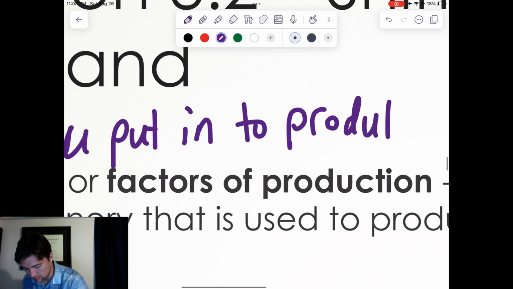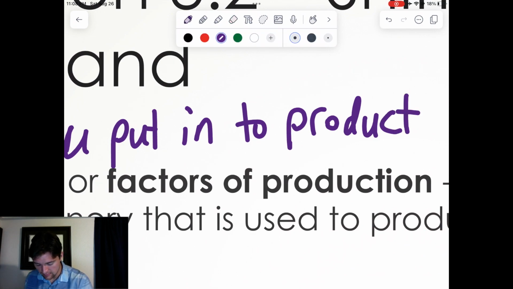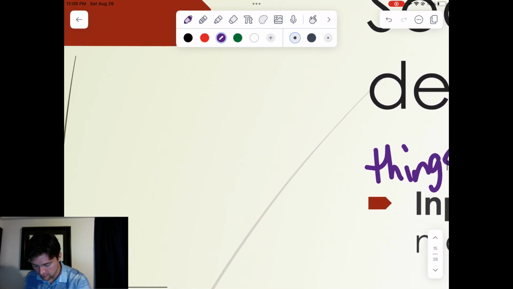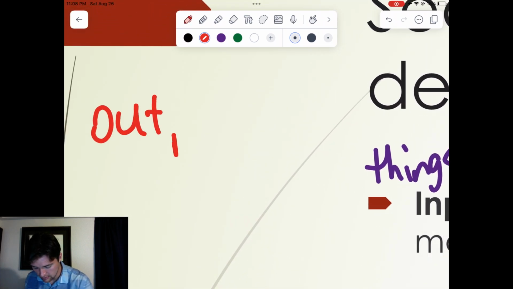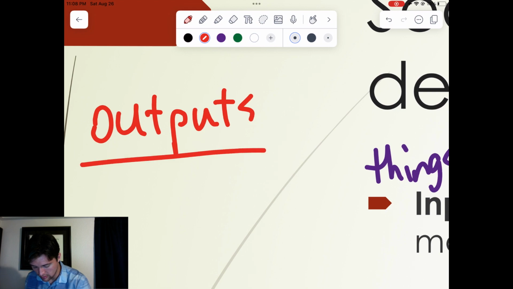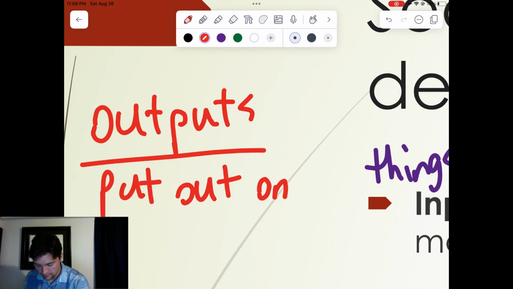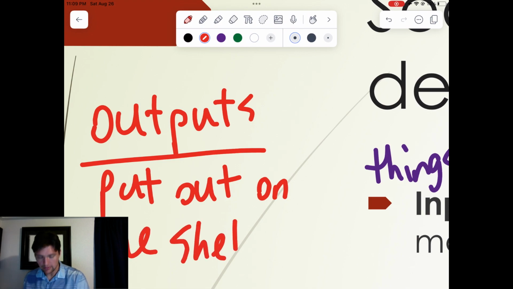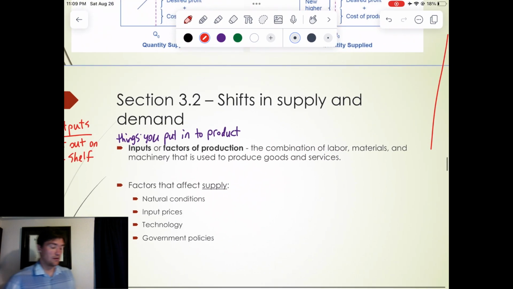And you're probably wondering, is there an output? Yes. And outputs are the things you put out on the shelf. So when we're talking about supply, what's happening here is we have the inputs.